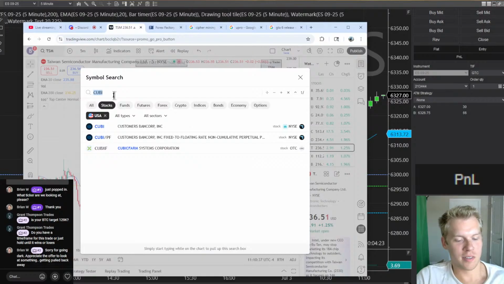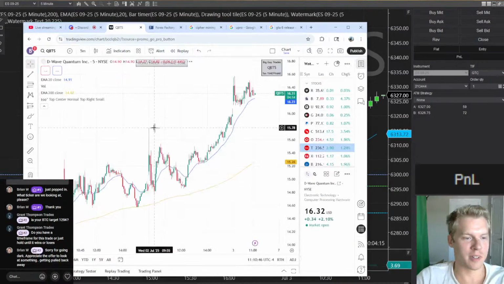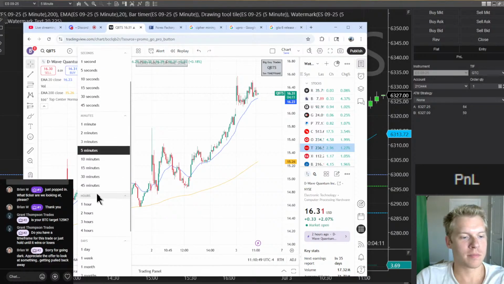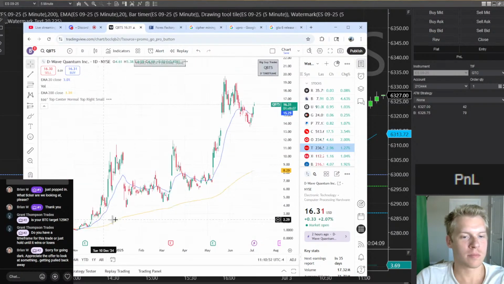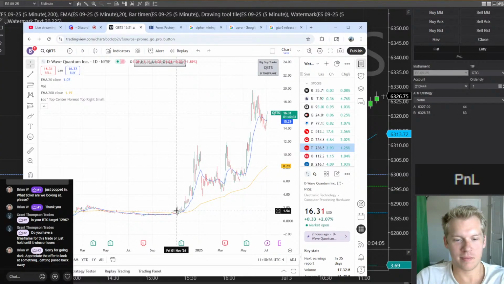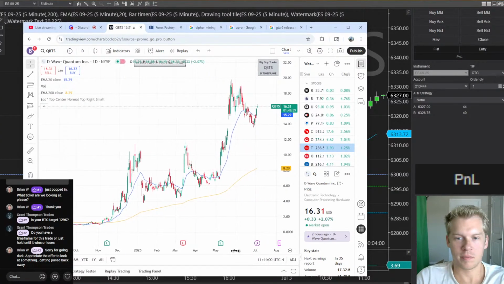What was the ticker? QBTS. Oh, there we go. That's had a good move over the past few weeks. I haven't been into that one as long, but I know my cost basis is in the single digits.